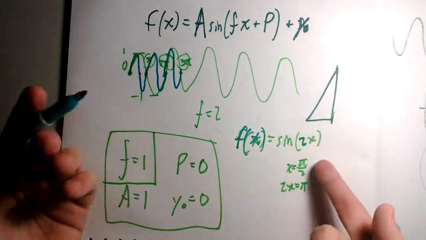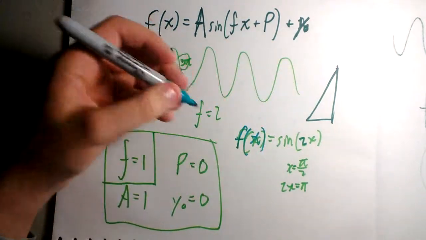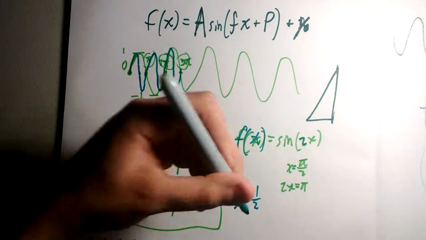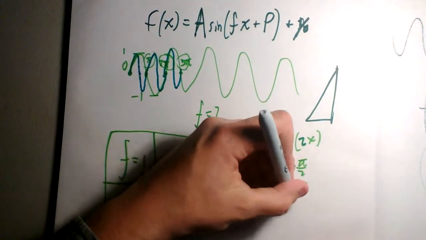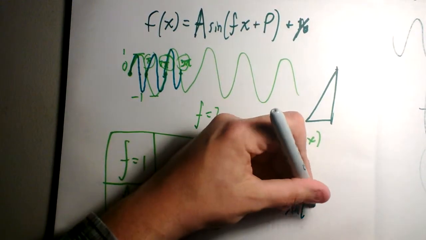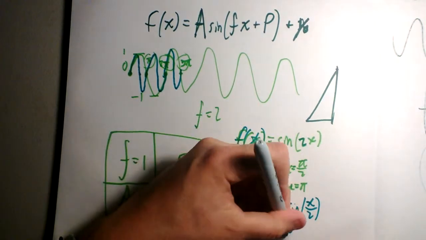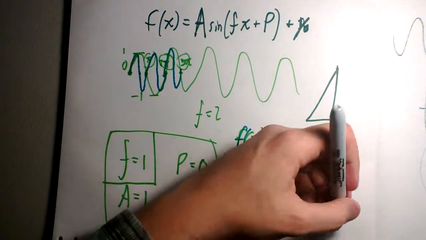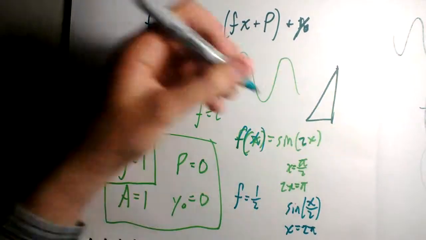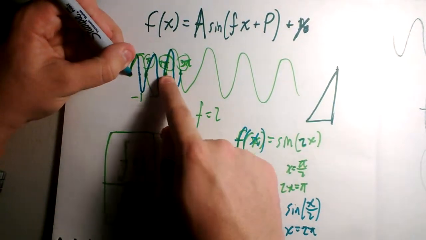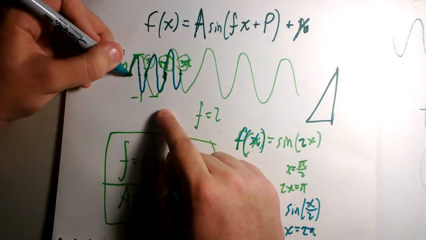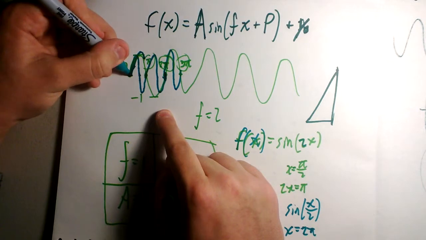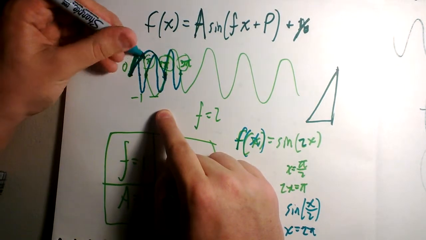The bigger we make it, and if you make it smaller, if we made the frequency equal to half, then sine of x divided by 2, only when x is 2 pi, 2 pi divided by 2 is pi, so sine of pi would get you 0. So you'd have to get all the way to 2 pi, all the way out here, just to make it over this first line.